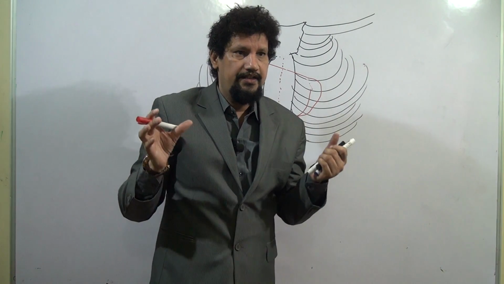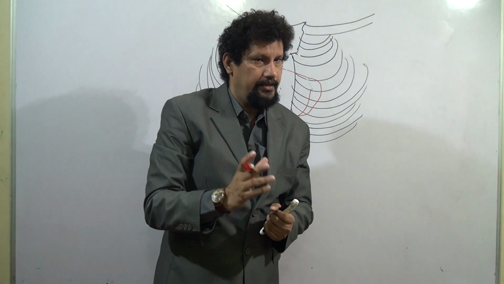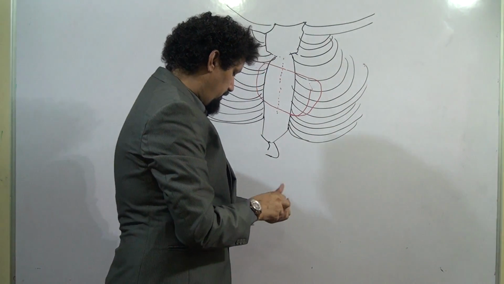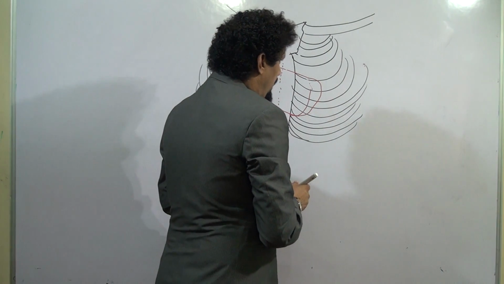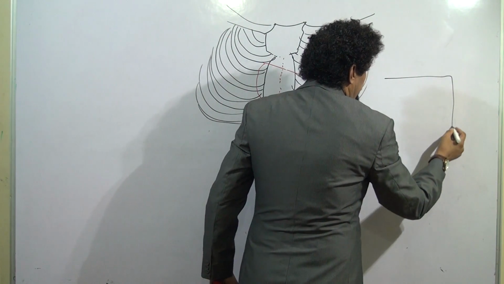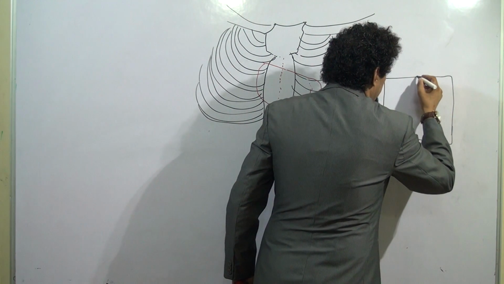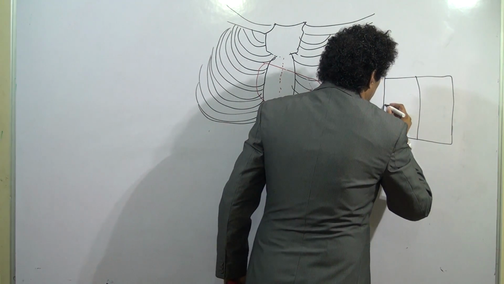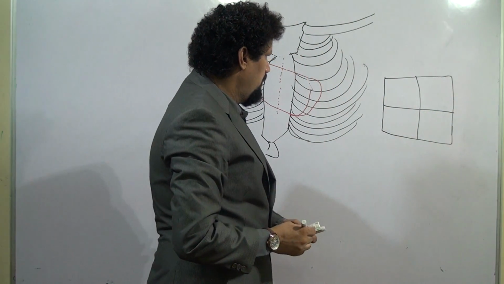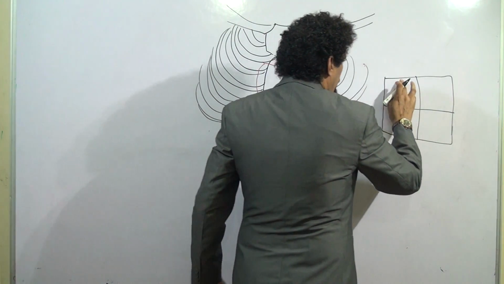Dual, it is having two pumping systems, the right heart and the left heart. The right heart is made up of the right atrium. So this is the general layout of the four chambers of the heart. This is not an anatomical diagram, but it is the simplified layout.